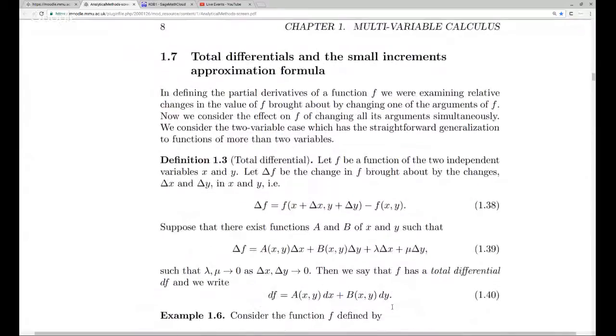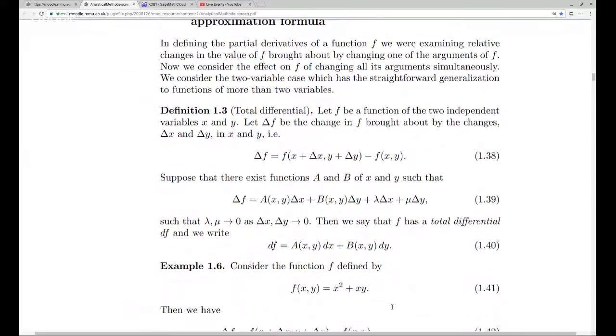So next in the notes we have this section on what's called total differentials and the small increments formula. The little triangle is the Greek letter delta, the capital Greek letter delta.